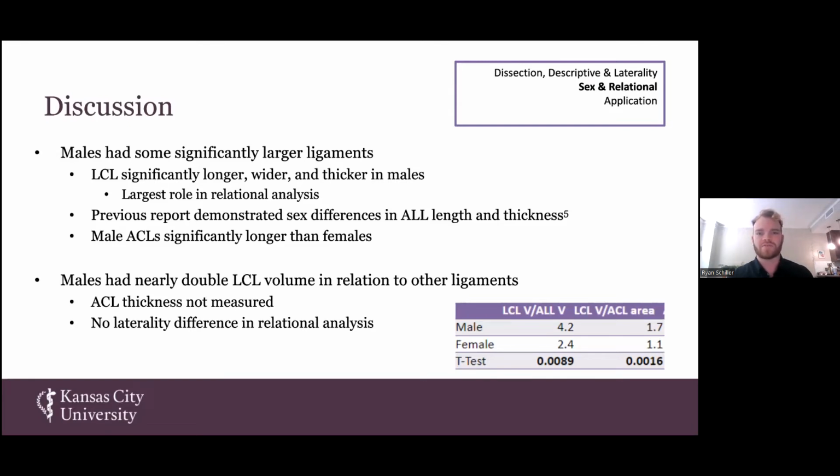So this could have affected the results of this relational analysis when the ACL was involved. However, that doesn't play a role in comparing the LCL volume to the ALL volume between male and female. And also, there were no laterality differences in the relational analysis, just how there weren't any laterality differences in the ligaments themselves.